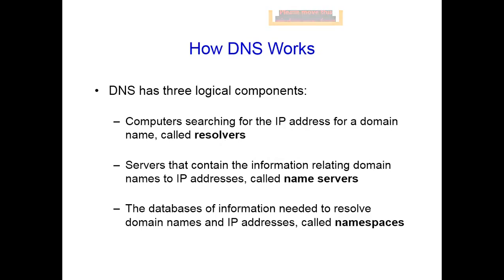How DNS works? DNS has three logical components. Computers searching for the IP address for the domain name are called resolvers; the servers that contain the information relating domain names to IP addresses are called name servers; and the database or databases of information needed to resolve domain names and IP addresses are called the namespace.